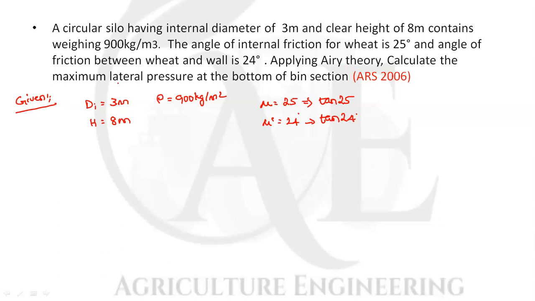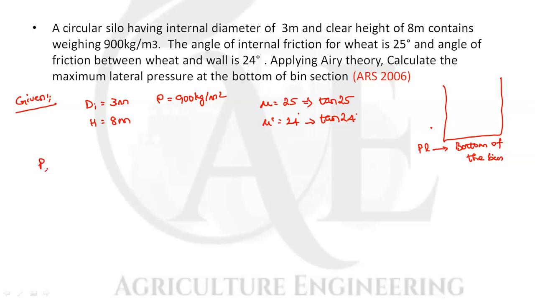Applying Airy theory, calculate the maximum lateral pressure at the bottom of the bin section. You see, this is the bin. We want to find the lateral pressure at the bottom of the bin. So you know the formula for Airy theory.